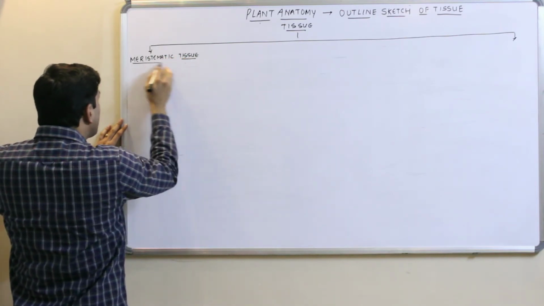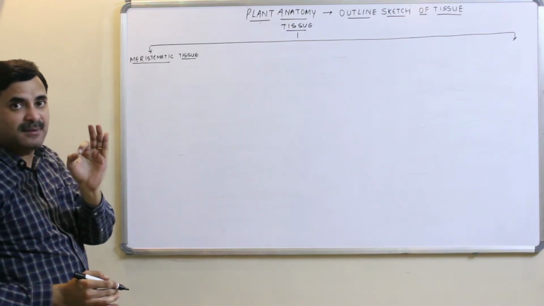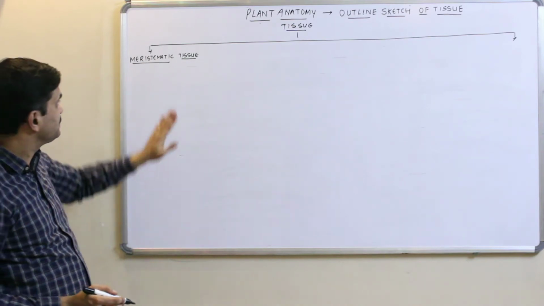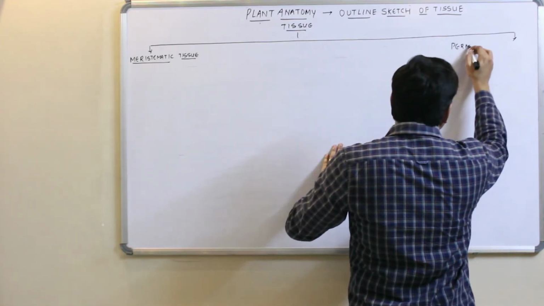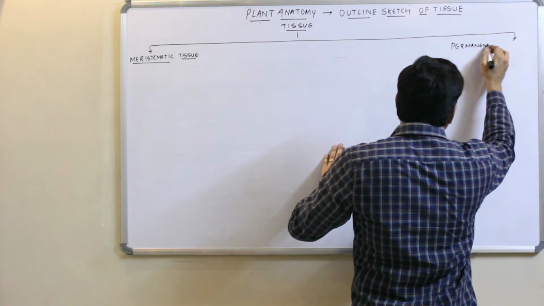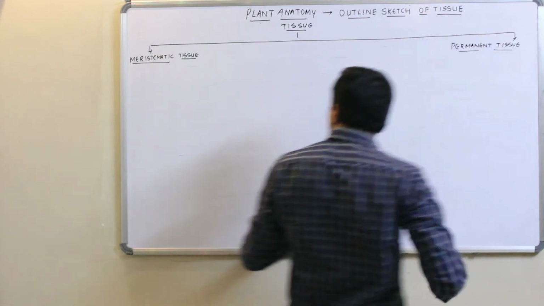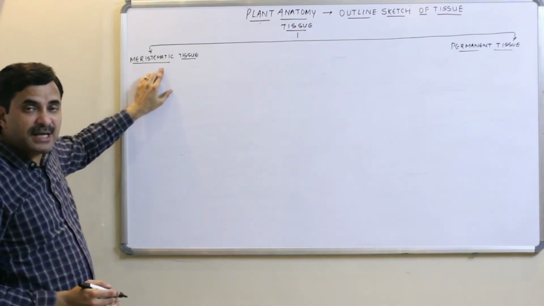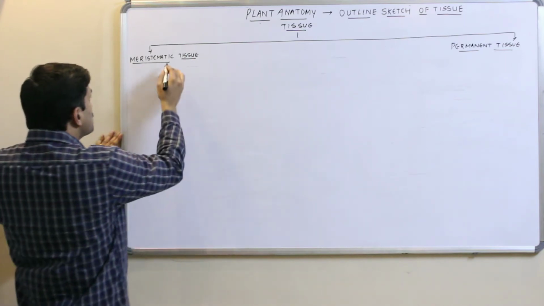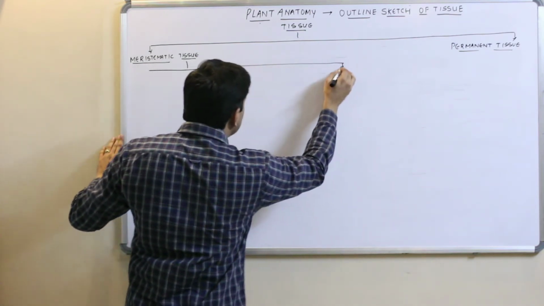Students will be studying the complete outline sketch of the tissues, which is lacking in many books. Now meristematic tissue, as you know very well, has the capacity to divide and has immature cells.